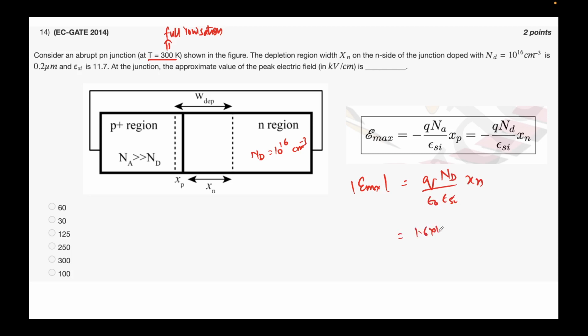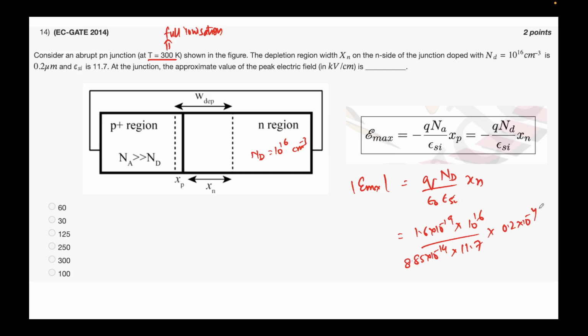So 1.6 times 10 to the power minus 19 times ND, which is 10 to the power 16, over epsilon naught 8.85 times 10 to the power minus 14, silicon's epsilon being 11.7, times Xn. Xn is given as 0.2 microns, so that will turn out to be 0.2 times 10 to the power minus 4. I'm converting into centimeters. Please don't make a mistake like I do.